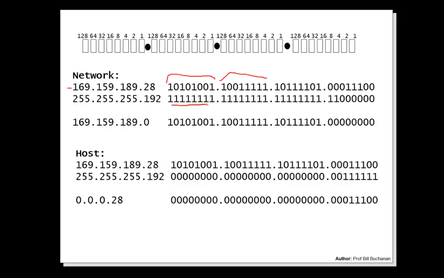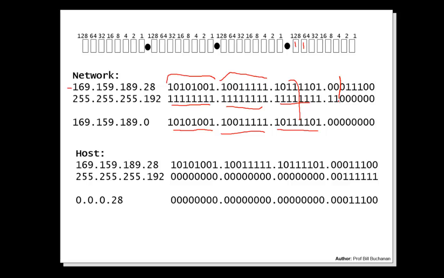So we can see here 255 is this, 255, 255, and then 192 is a 1 and a 1 and all zeros there. So we end up with that. To define the network part, we take all the parts which have a 1 and we allow the bits to come through. So here, here, and here. The bits have just come straight through from them.